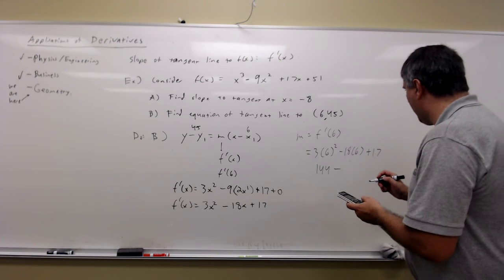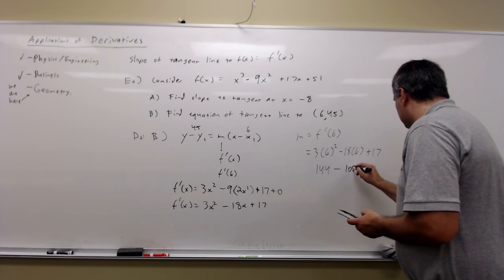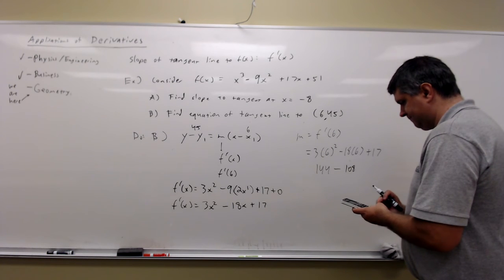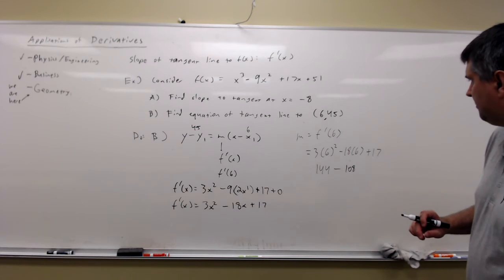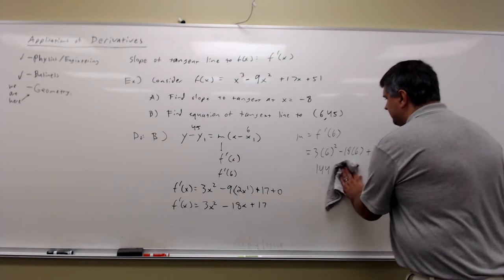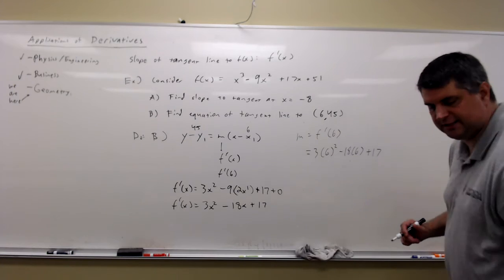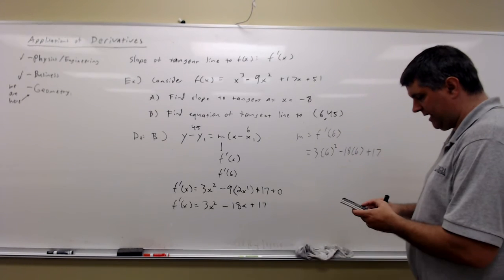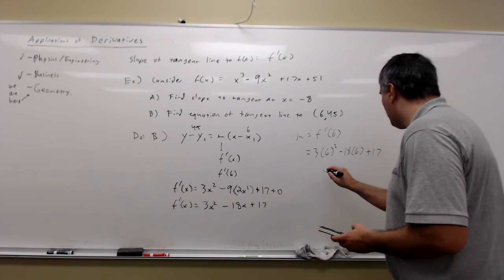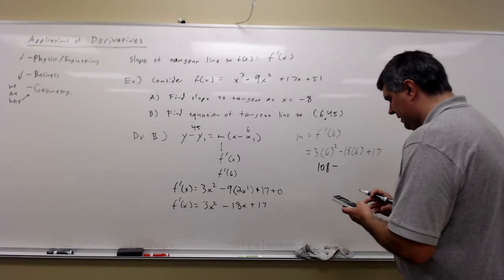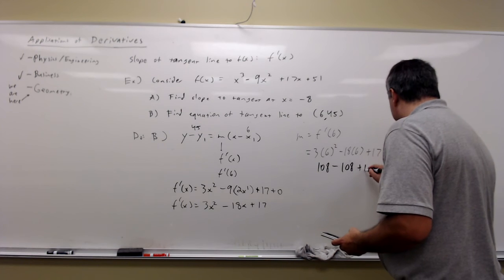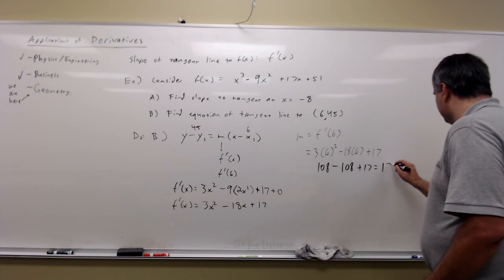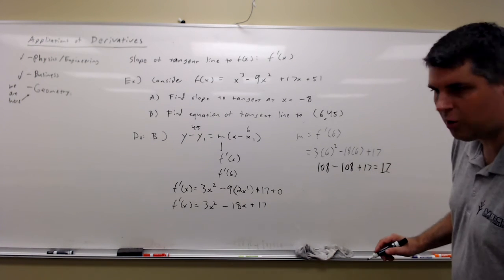It's actually 108. I messed that up too. Try this again. 36 times 3 is 108. 18 times 6 is 108. And this just leaves me 17. Okay, so that's the slope.